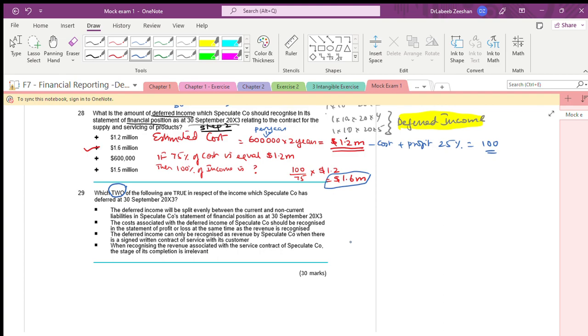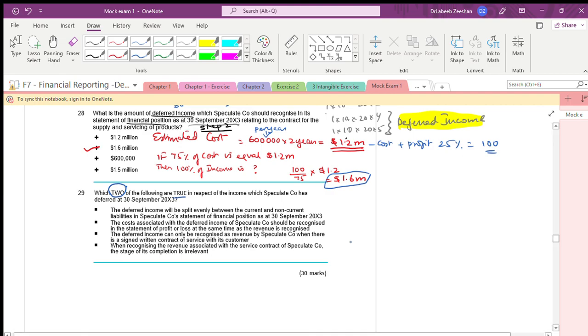Which two of the following are true in respect of the income which Speculate has deferred till 2000? What are the conditions that are true? What they say: the deferred income will be split evenly between current and non-current liabilities in Speculate's statement of financial position.